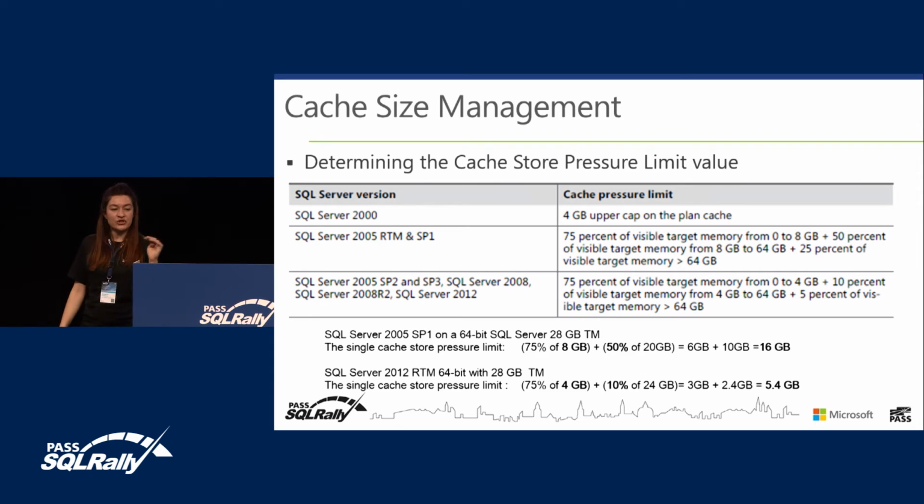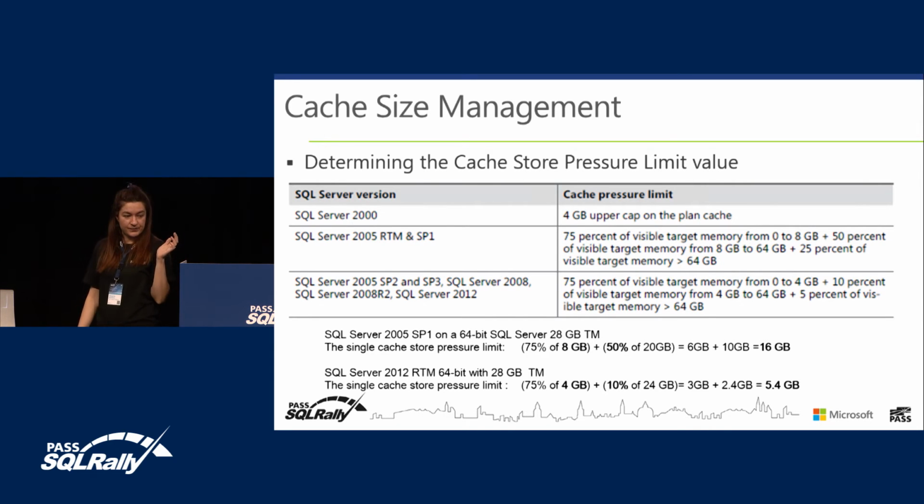So the magical numbers generally change through the versions. The major change was in SQL Server 2005, when they realized in RTM that the plan cache, the single cache store, can take almost 50% of SQL Server memory. The single cache store, you can imagine.